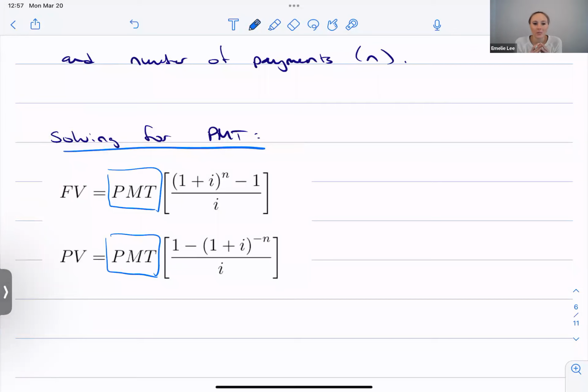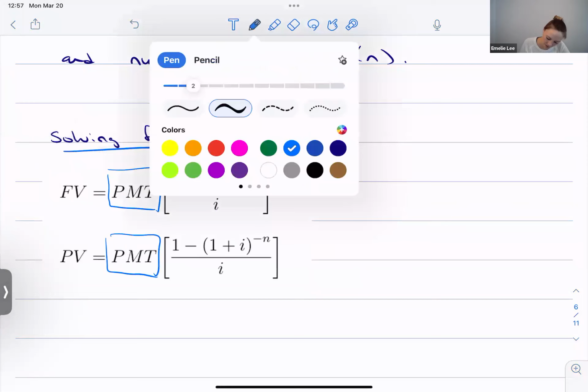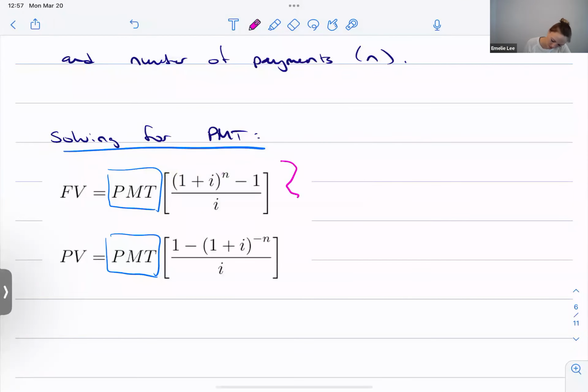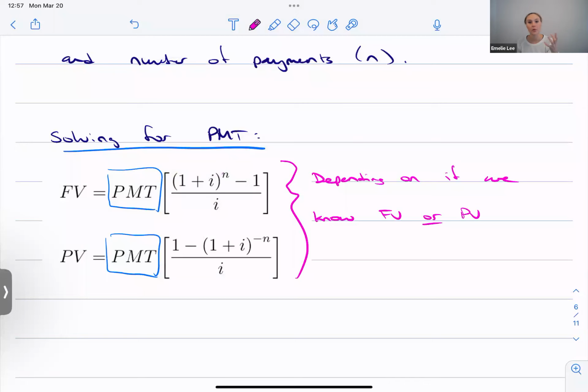Depending on if you have the future value or the present value, that will determine which formula to use to solve for PMT. So depending on if we know FV or PV, we will not know both, right?